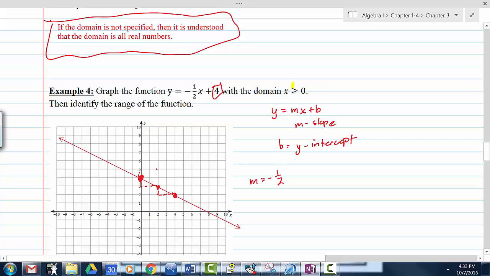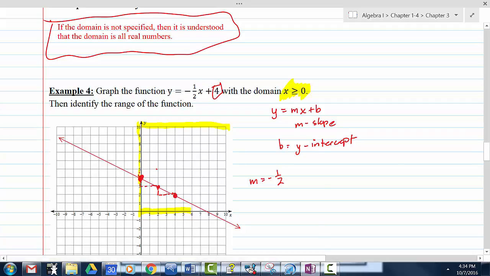Now what the domain says is that x has to be greater than or equal to 0. So what that means is that we're only talking about the part of the line where x is greater than or equal to 0. Not the part that's not.